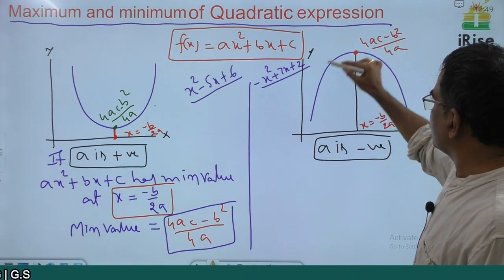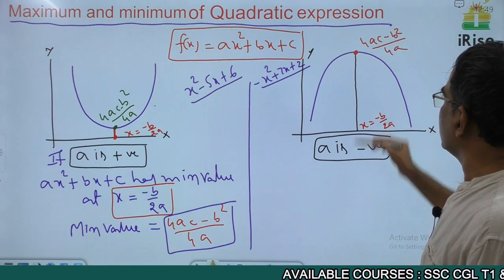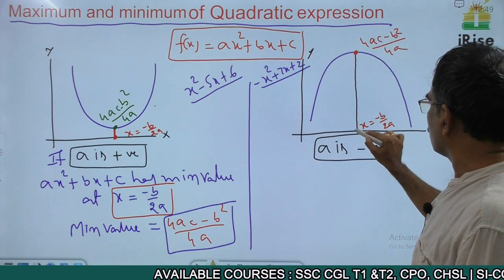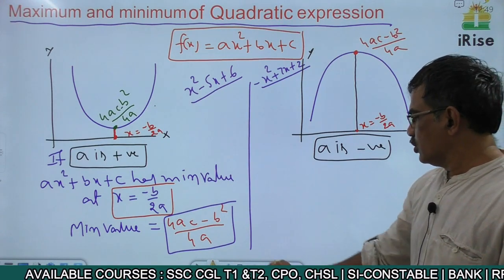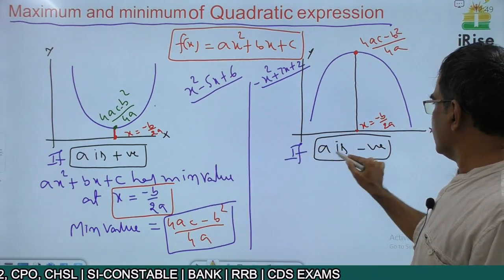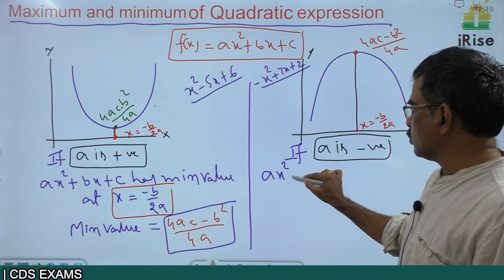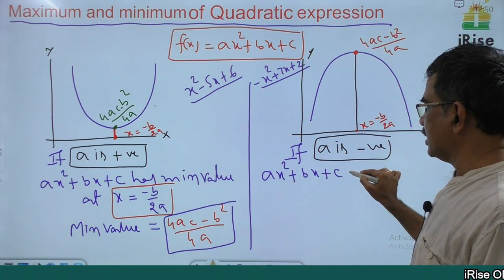The biggest value of this curve is 4ac minus b square by 4a, and it exists at x is equal to minus b by 2a.